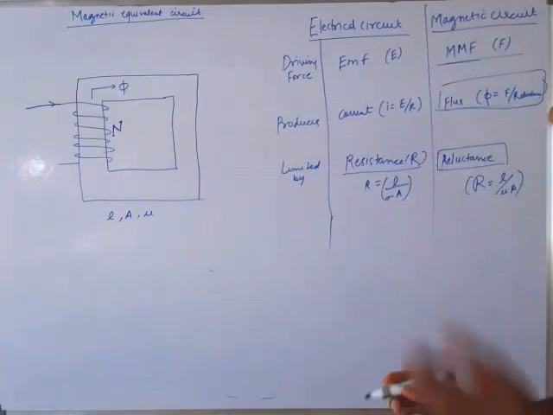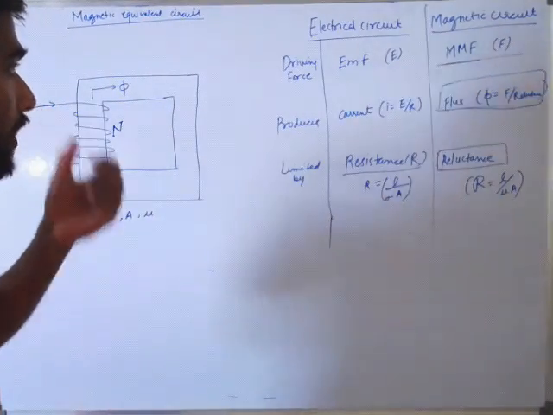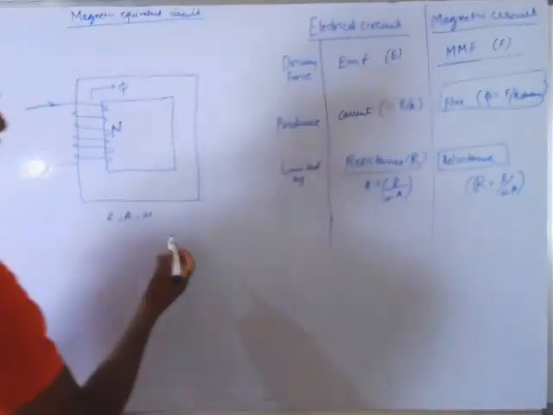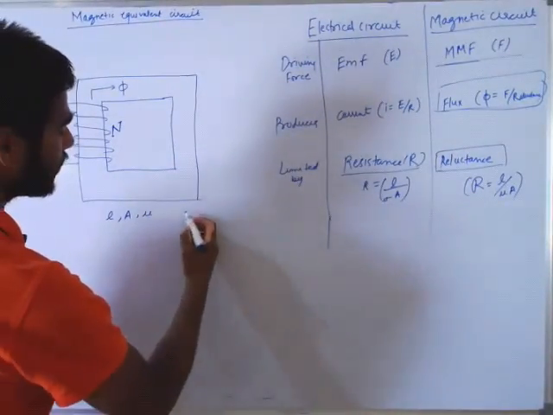Okay, let's try to draw the magnetic equivalent circuit. Here, reluctance is required.